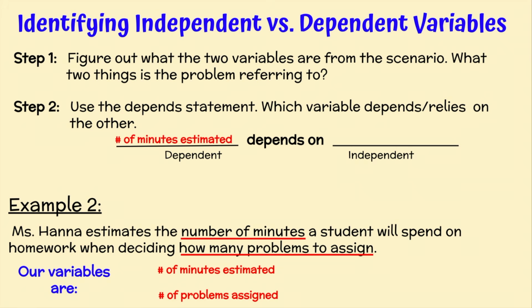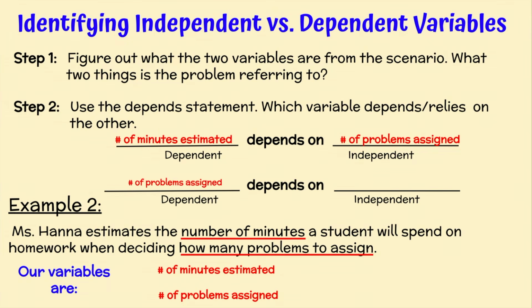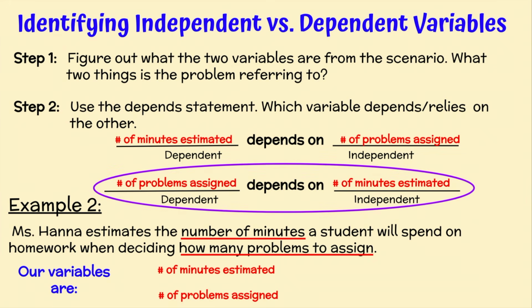Do the number of minutes estimated depend on the number of problems assigned? Or did the example say, the number of problems assigned depends on the number of minutes estimated? Right.